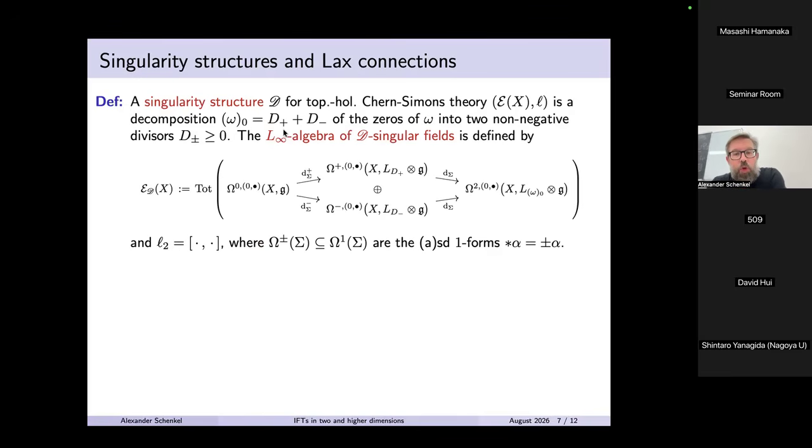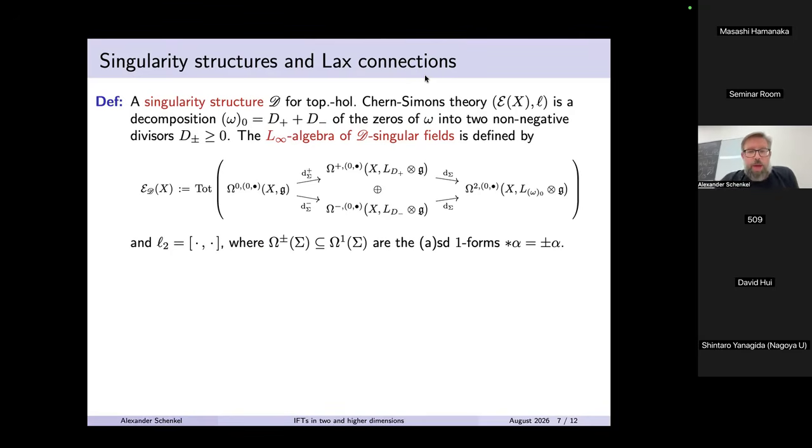Now, if you choose such a singularity structure, a splitting of this type, then you can play the following game. You can change the L-infinity algebra by twisting it appropriately with the line bundles corresponding to these divisors.